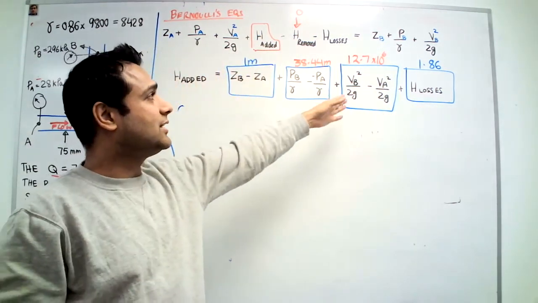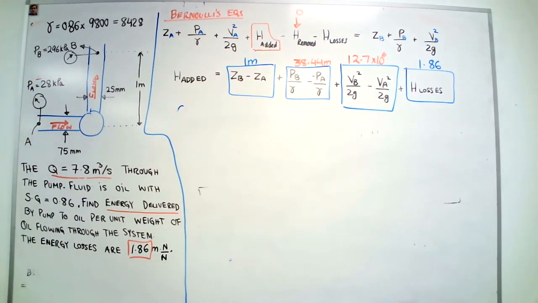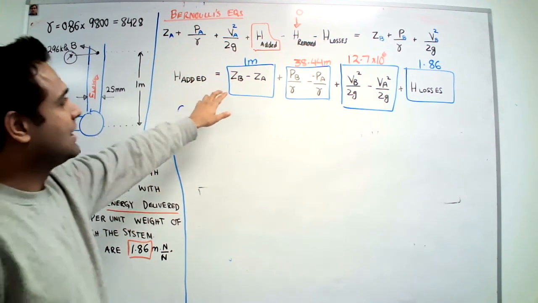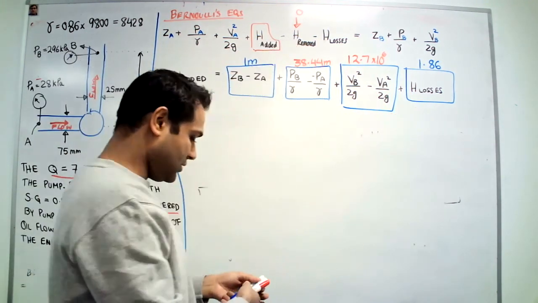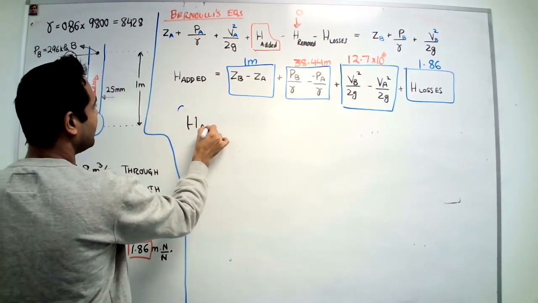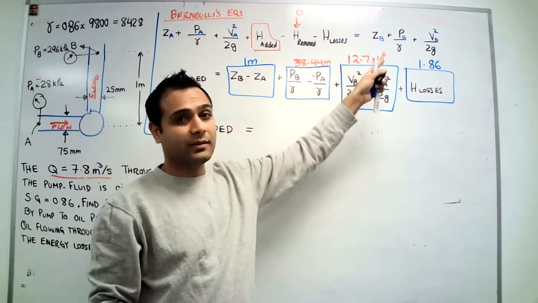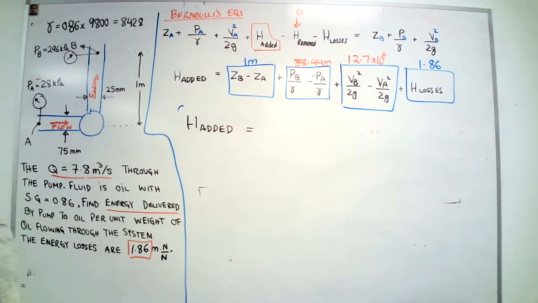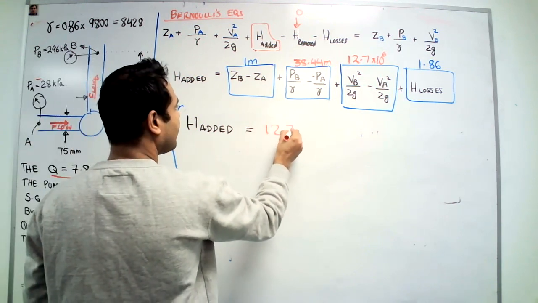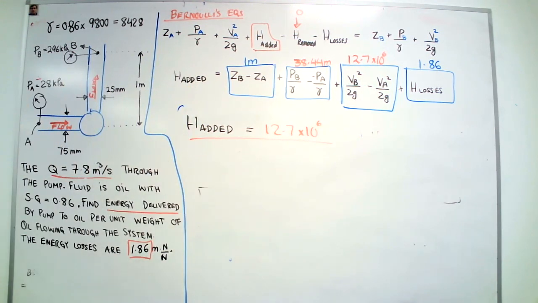And obviously the answer is going to be a big massive number because you got a big massive number then added by a small different number. So the head added is going to be around times 10 to the 6, around that number. But that's the answer. I will upload this video online.